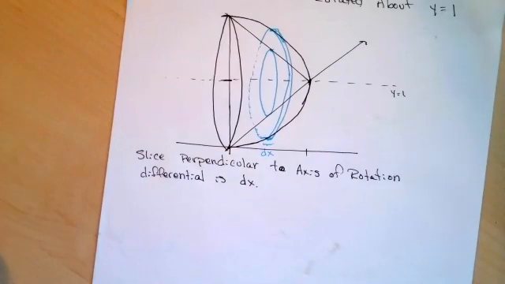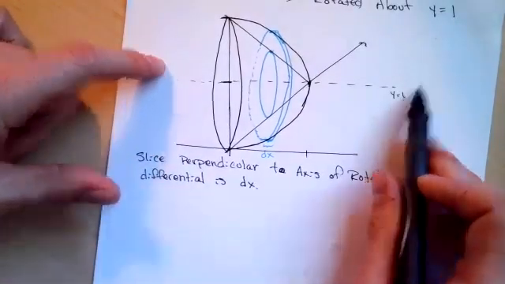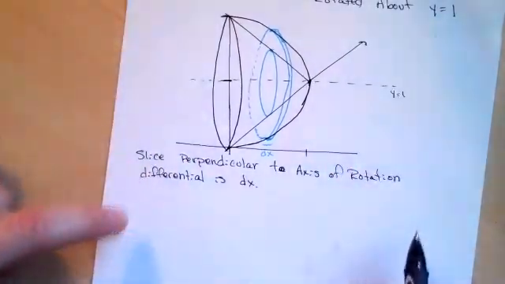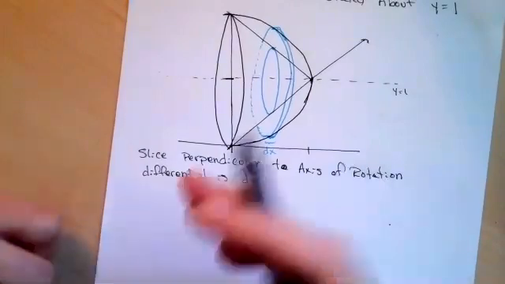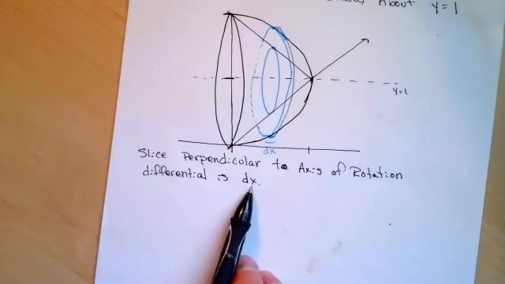And generally you can think of it as a little bit opposite, right? If our axis of rotation is a function of y, so the x-axis is y equals 0, y equals 1, we could do y equals 2, we could do y equals minus 1. So if it's y equals something, it's a horizontal line. Perpendicular to that will give us dx's.